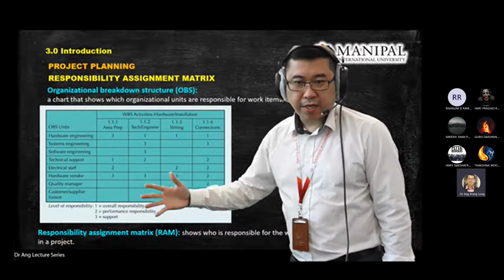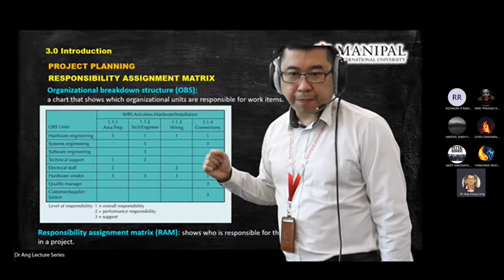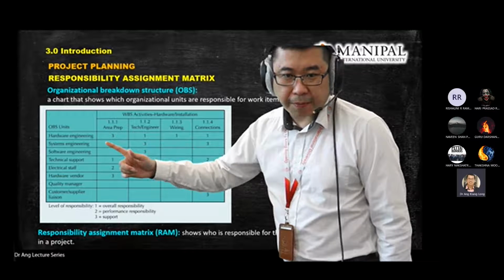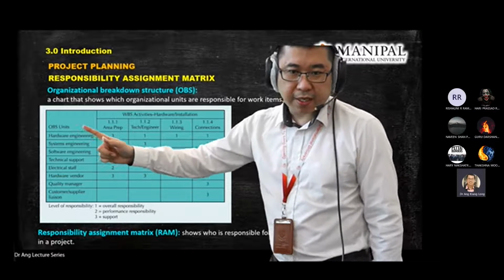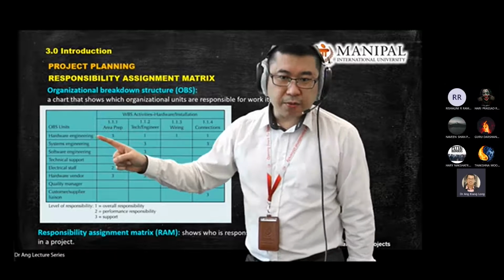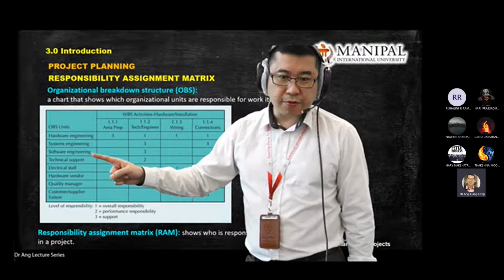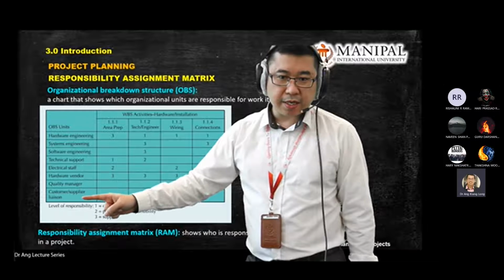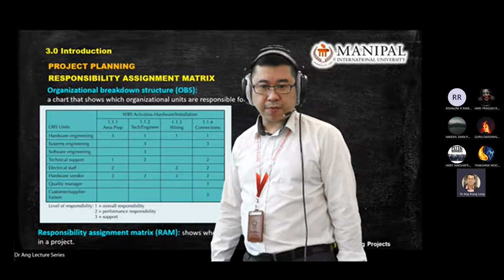So here you will see this table. You see the OBS unit, which means organization breakdown structure. You have hardware, system, software, technical, quality, customer, supplier, and so on.